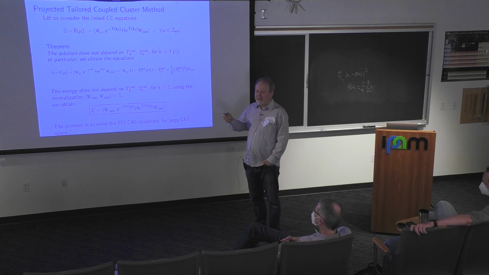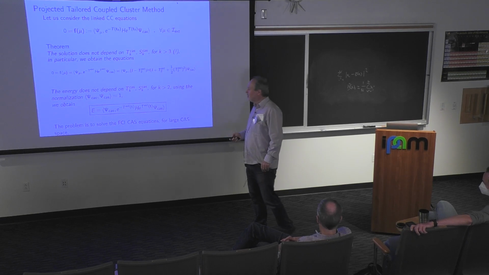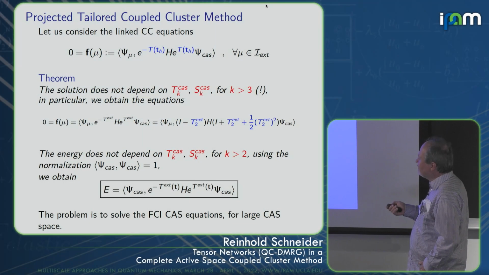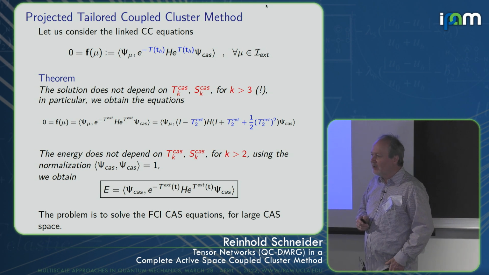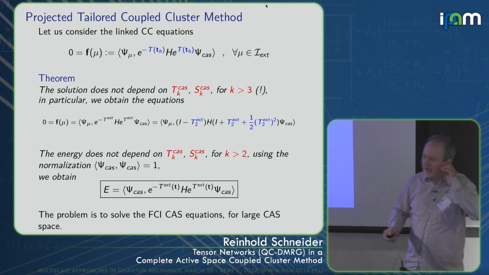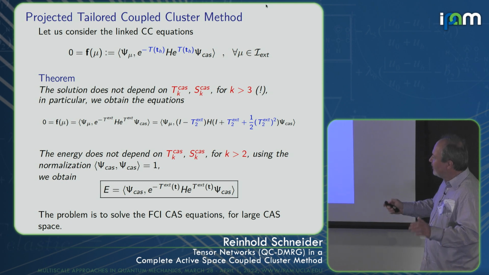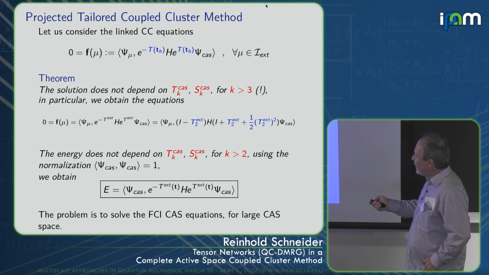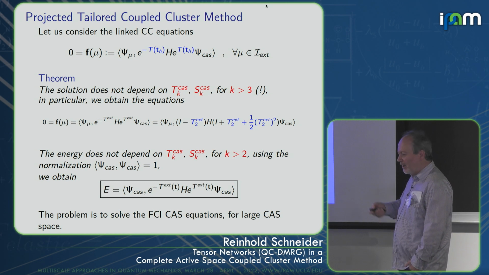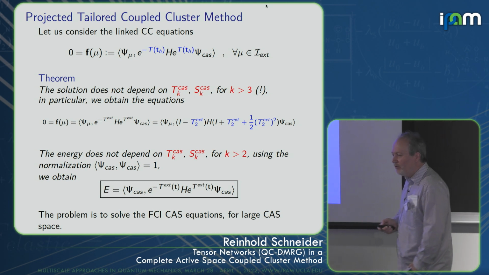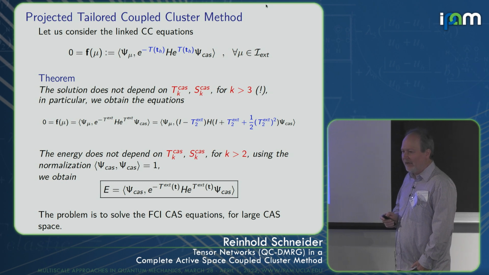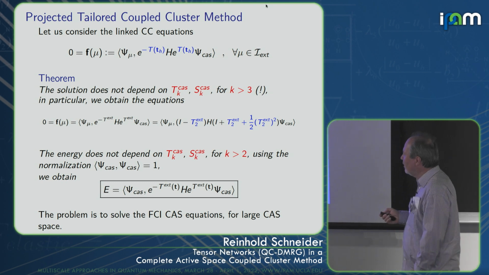Now what's the problem about this? It's a nice method, and how good it is. The problem is that even the cusp space can be very large. Formally, what people are doing in multi-reference is using only very few active orbitals, and they have to compute the full CI solution.